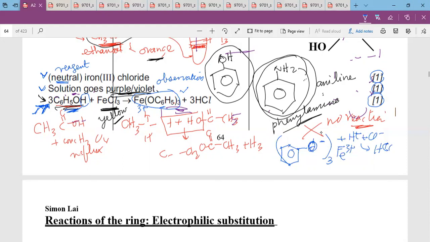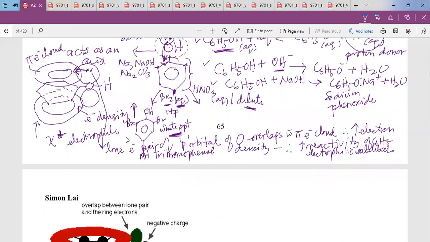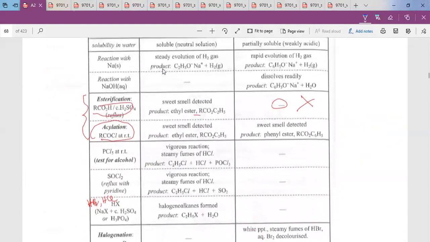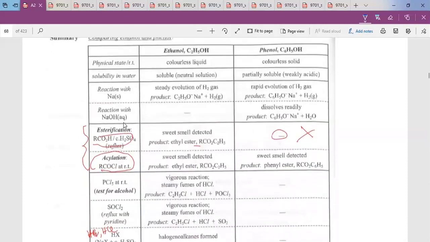Now the other one, just to show you, is a passing question, 68, down the line here. I told you about esterification. Compare this one, a normal aliphatic straight chain alcohol, with the phenol. One of the main differences of these two is how to produce an ester.